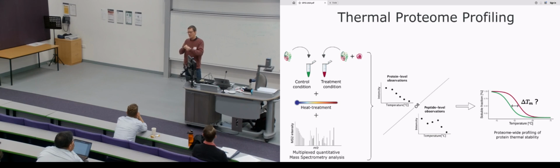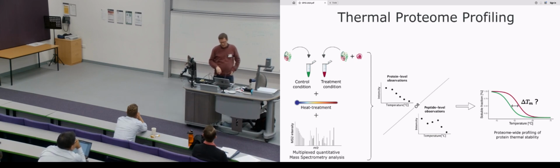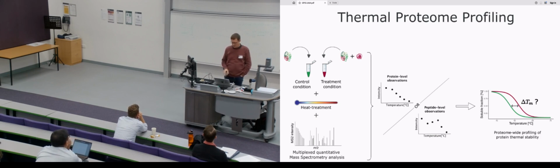So it's going to give information about whether the protein is interacting with something. So the condition might be adding a drug to the mixture, and then if a protein interacts with the drug, it changes the point where the curve goes down. And so you want to measure the change in this temperature where the denaturing happens.